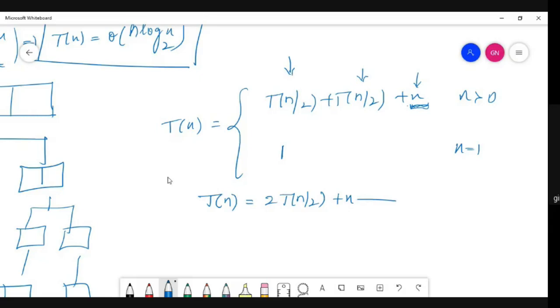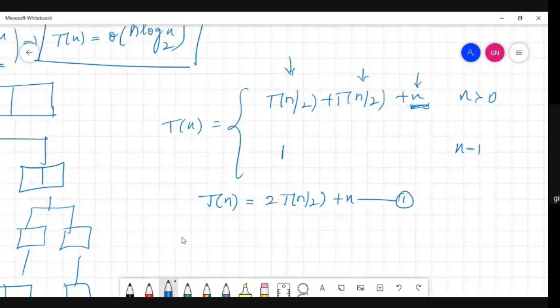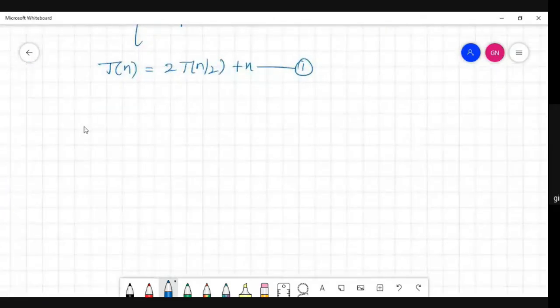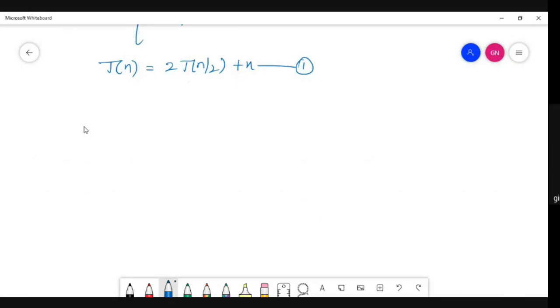Now observe, I don't solve this using the master's theorem right now. This time I'll solve this using the backward substitution method. Observe carefully, guys. Now if I want to go for the backward substitution method, to get the solution I have to know the value of T(n by 2).